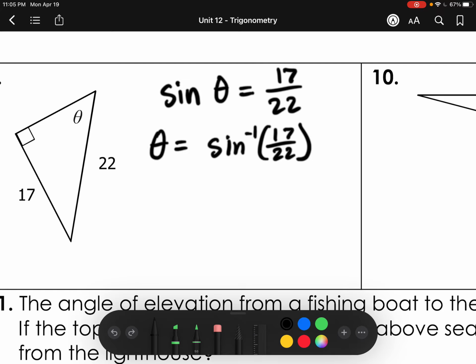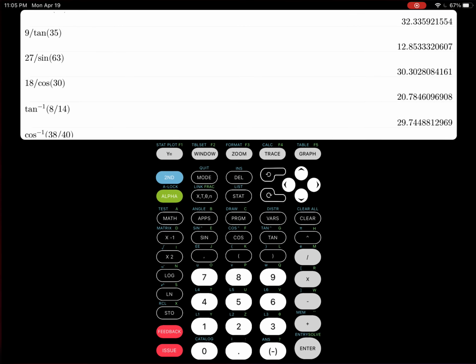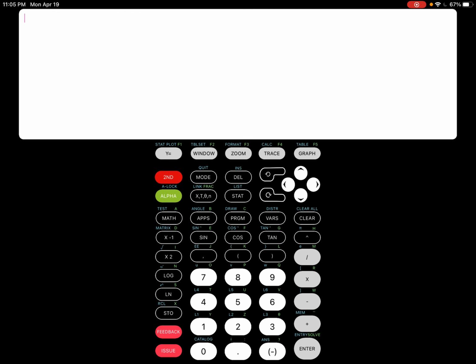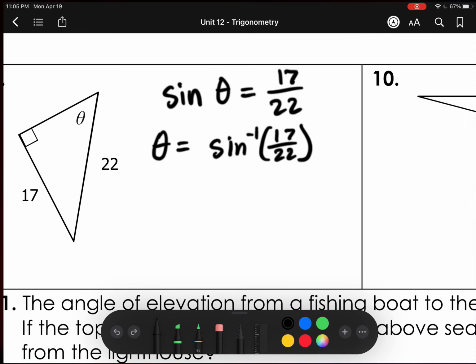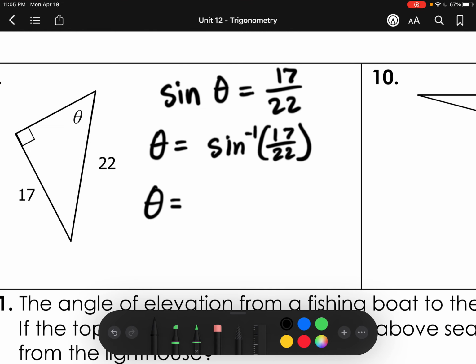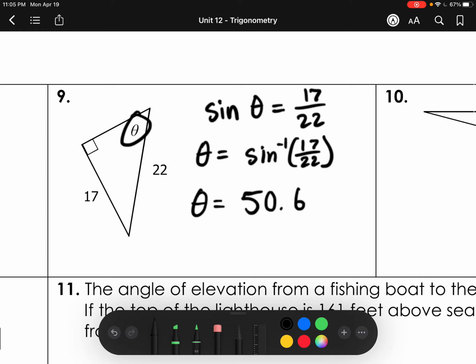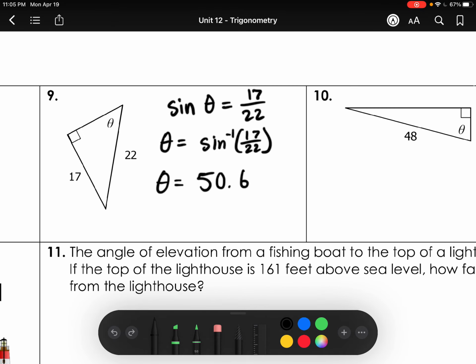So this is what you're going to type into your calculator: second and sine, so the inverse of sine of 17 divided by 22. Click enter, and you get 50.59. So we'll round up to 50.6. So theta is equal to 50.6. That is the measure of this angle right here.